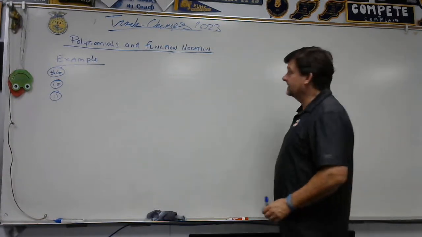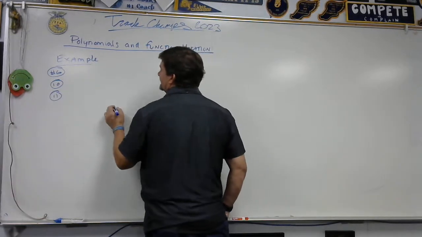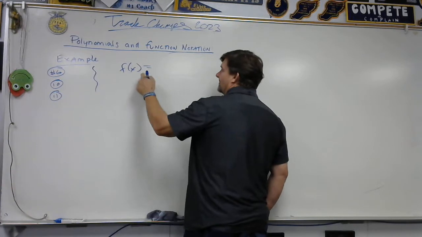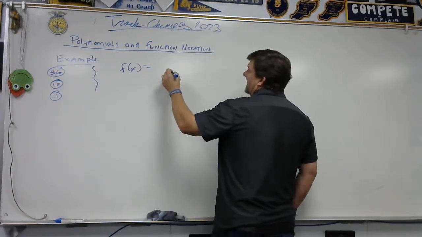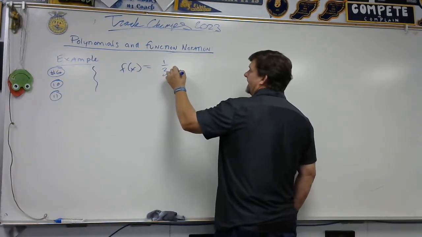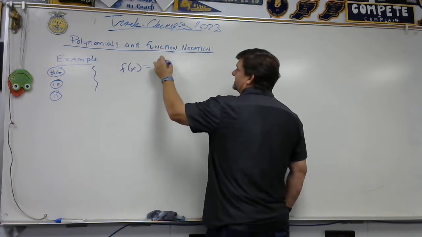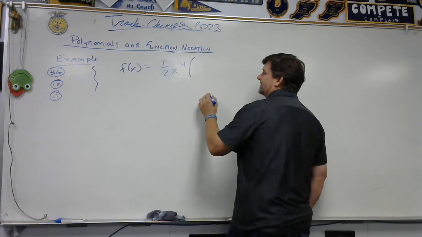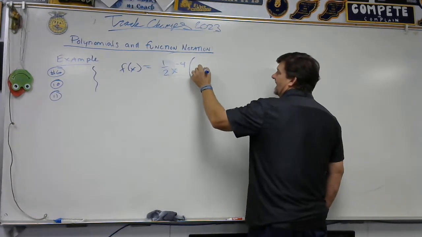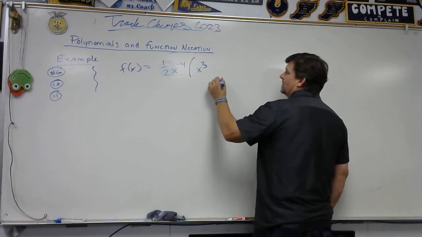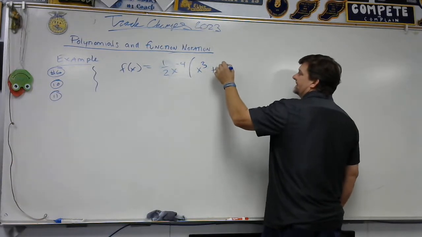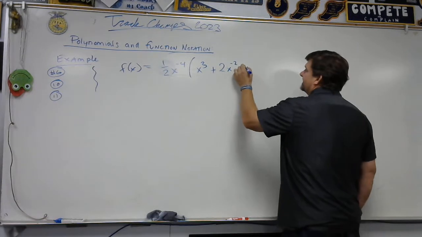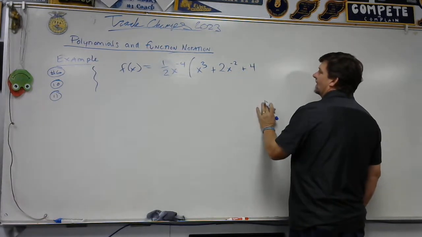All right, let's make one up here. So here's my example. Let's say f of x, function notation, f of x is equal to 1/3, let's not do 1/3, let's do 1/2 x to the -4th multiplied by x squared cubed plus 2x to the -2 plus 4.